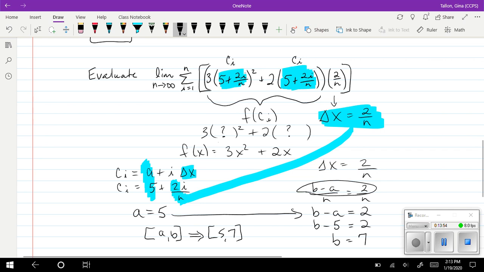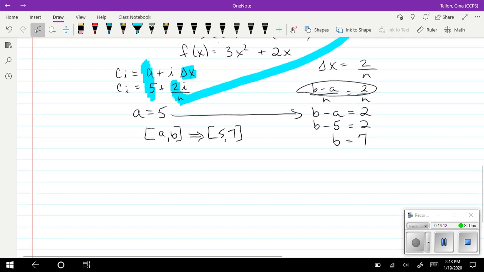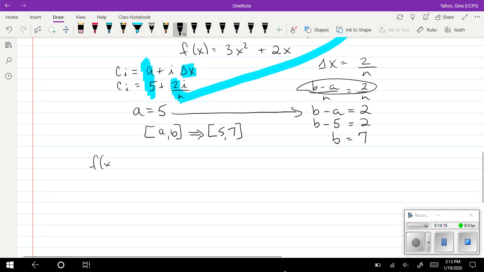All right. Well, as long as you can recognize the limit formula with the summation of the height times the base, you will realize that we are doing an infinite sum for the area of an infinite amount of rectangles. We are looking for the area bounded by the curve or the function f of x equals 3x squared plus 2x, the line x equals 5, the line x equals 7, and of course the x-axis, which I could call y equals 0, but I'm just going to call the x-axis.